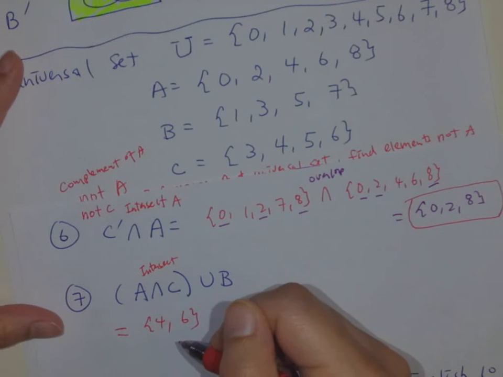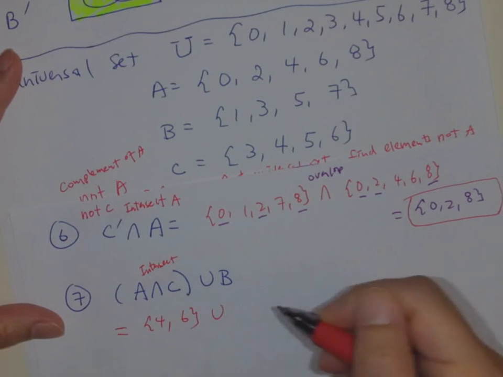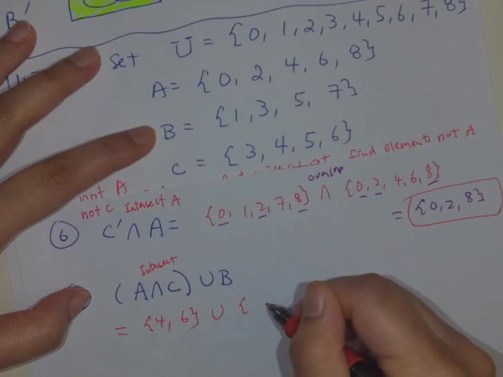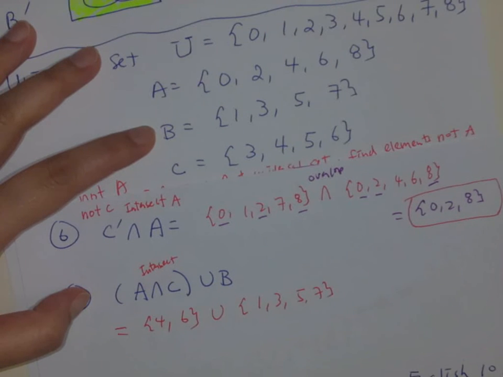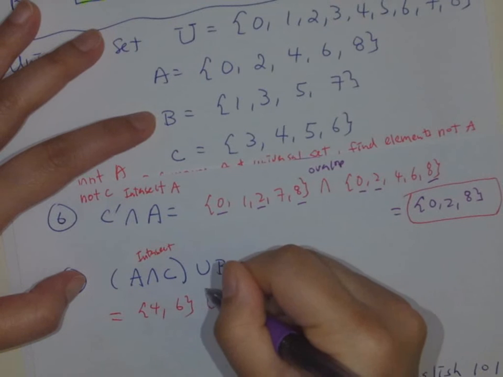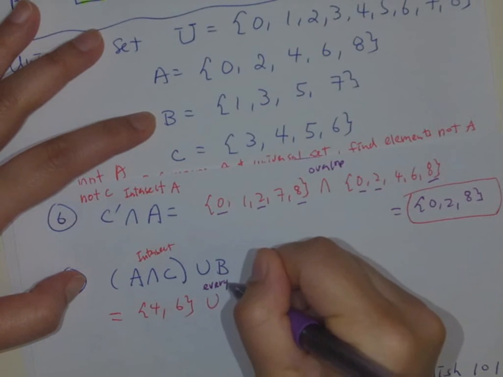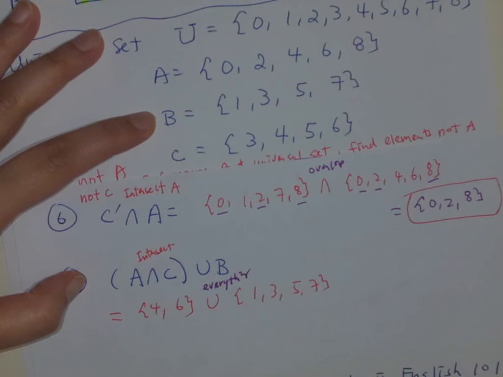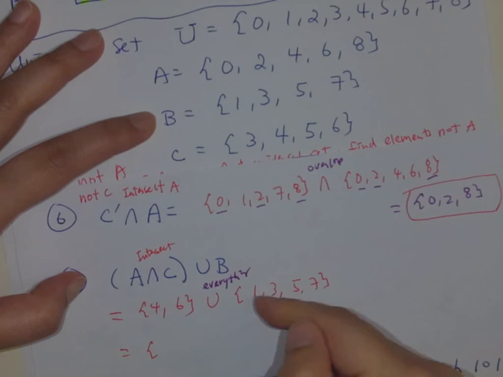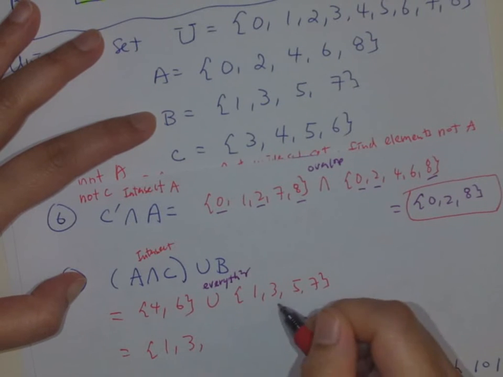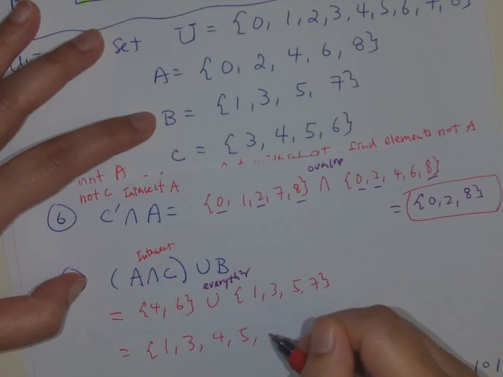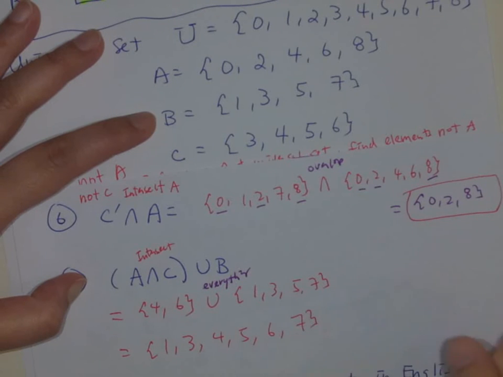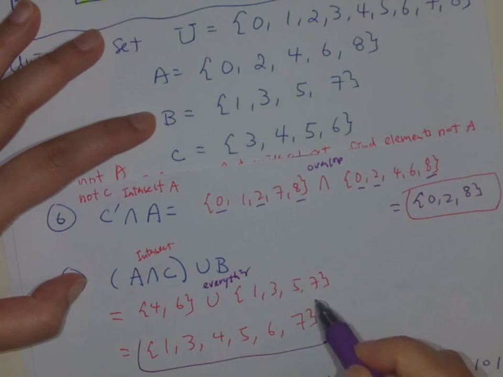Okay. Alright, and then I need to union my B. So let me write down B. B is 1, 3, 5, 7. So union means everything, right? I want everything in these 2 sets. So I have 1, 3, 4, 5, 6, and 7. So that would be my answer.